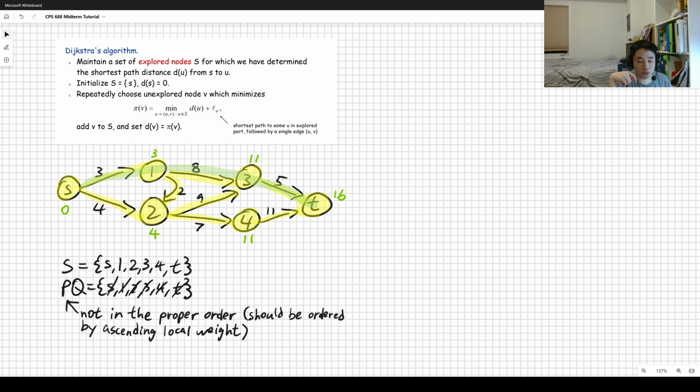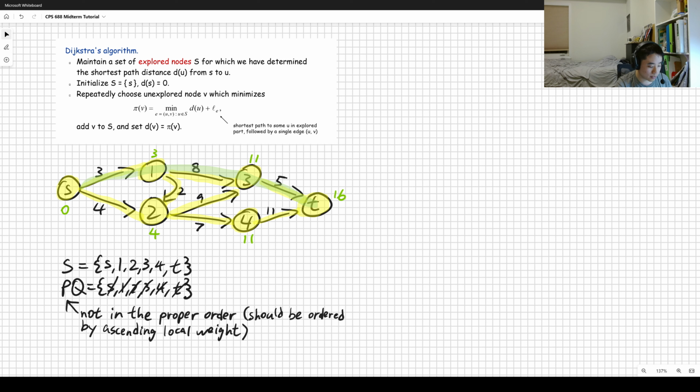Now, do note that when I processed S, I looked at all the connections. At that time, from S to 1, 1 will have the local weight of 3, and 2 will have the local weight of 4.